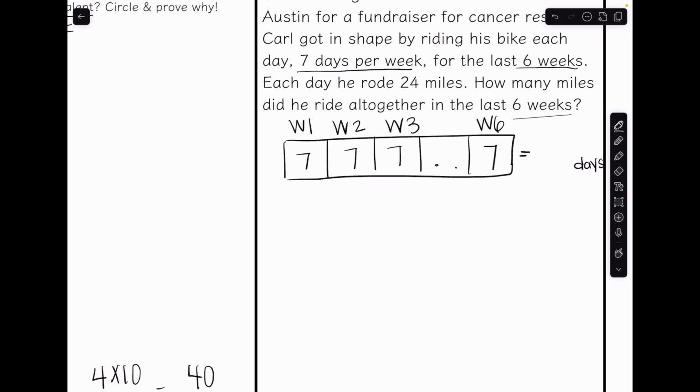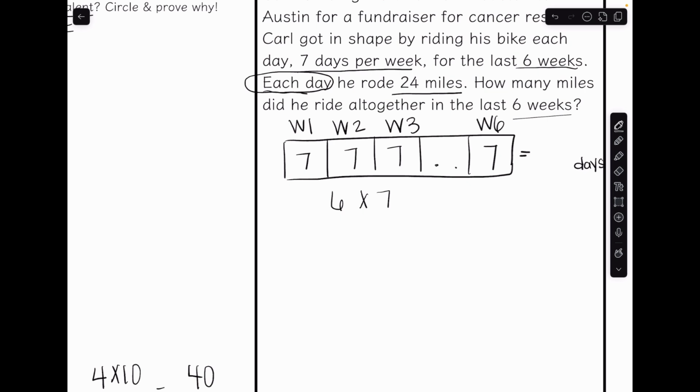Because it goes on to say each day he rode 24 miles. So we have to figure out how many days did he ride? And we know, looking at our diagram, this is 6 weeks times 7 days. So that's our first step.